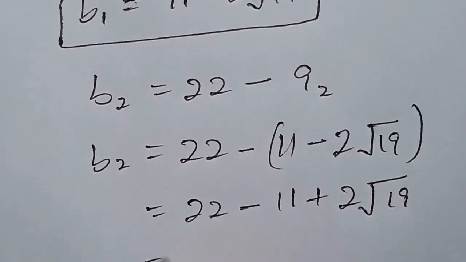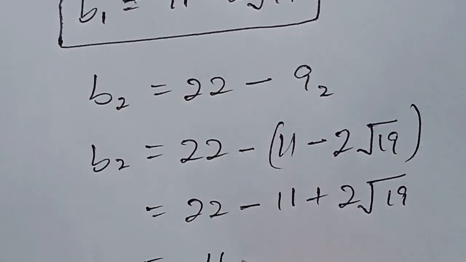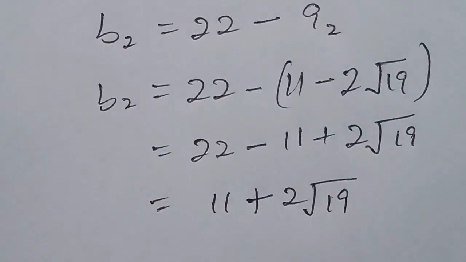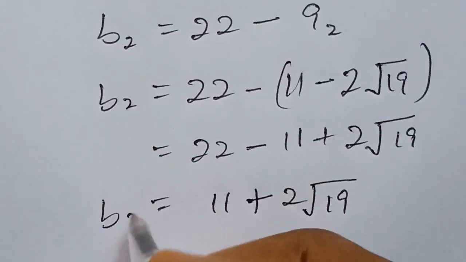So this becomes 11 plus 2 square root of 19, which is b2.